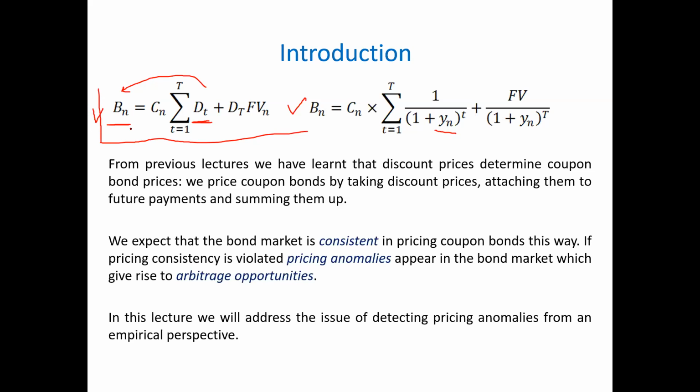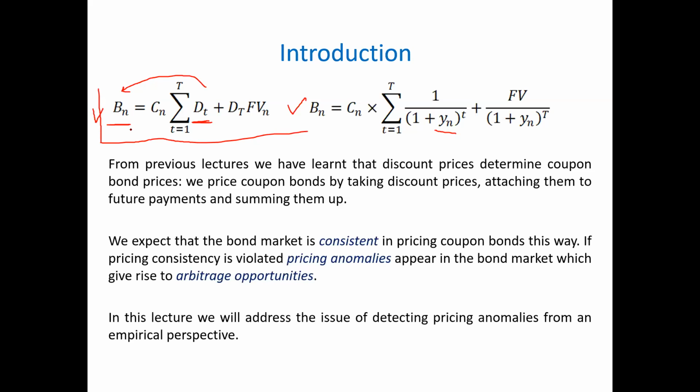So we can say that this is a kind of consistency relationship. So with this formula, we draw a connection between the discount bonds segment and the coupon bonds segment of the same treasury bonds market. So this is really important.